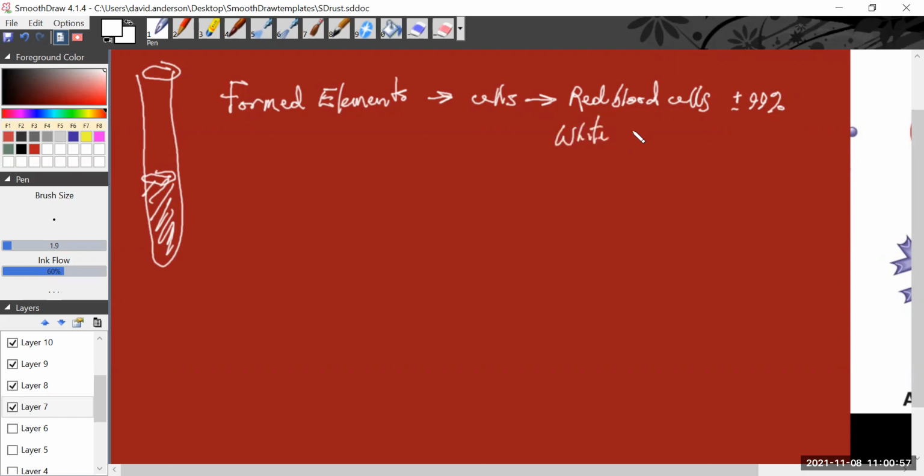White blood cells, so they're a little bit less than 1%, and platelets fall into this category as well. So we got three different cell types to be aware of.